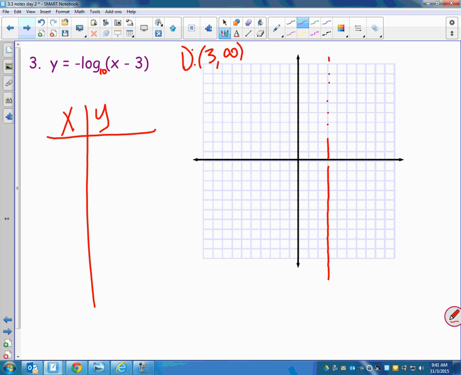So what if we pick 4? Without the calculator, does that work? If I plug 4 in there, I have negative log of 1, and the log of 1 is 0.